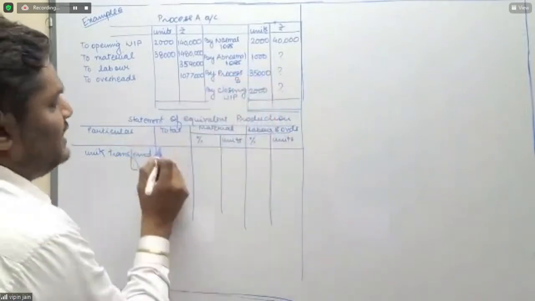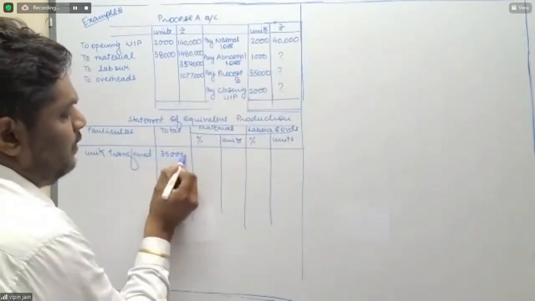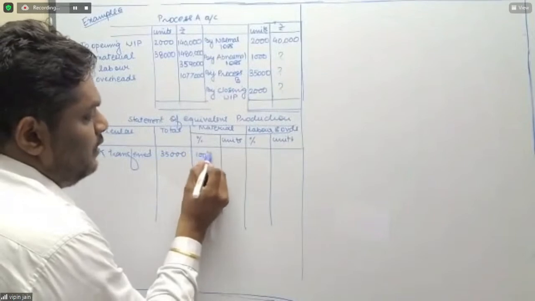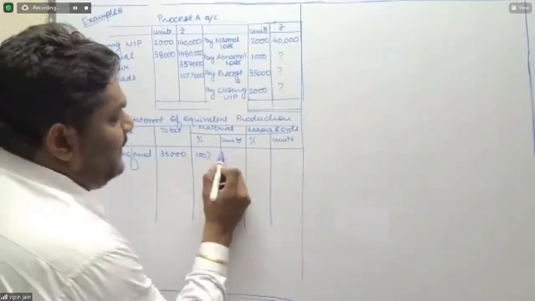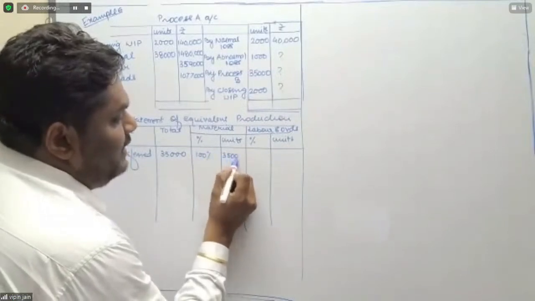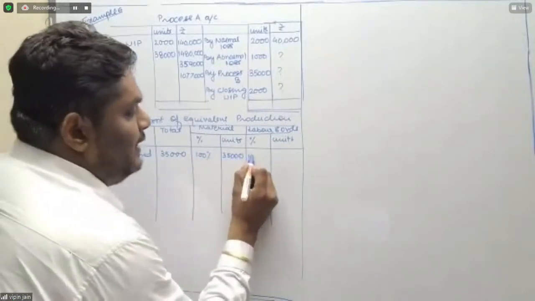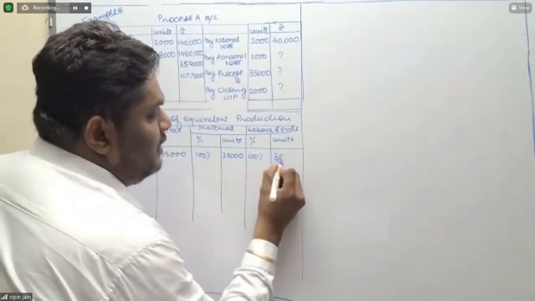Total number of units transferred are 35,000. Since they are transferred to the next process, we will assume that they are 100% complete. So in case of material, 35,000, and in case of labor and overheads also 35,000.